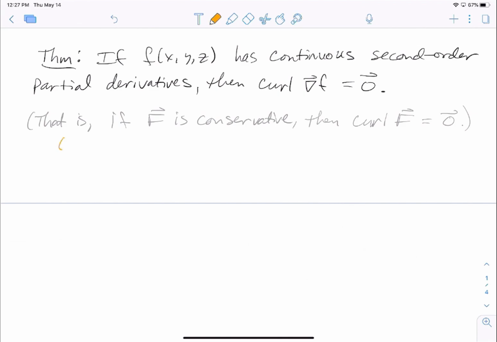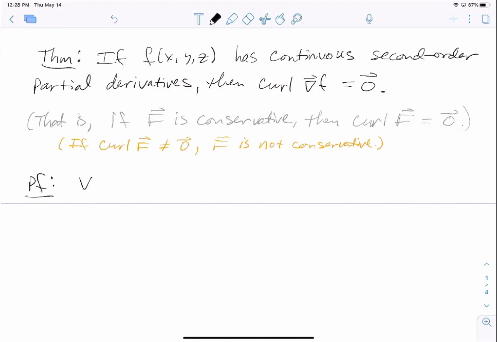By the contrapositive, if the curl of F is not equal to the zero vector, then F is not conservative. Notice that the statement doesn't say that if the curl of F is equal to the zero vector, then F is conservative. We don't have that here. We'll come back to that idea in just a minute. First, we're going to prove the theorem.